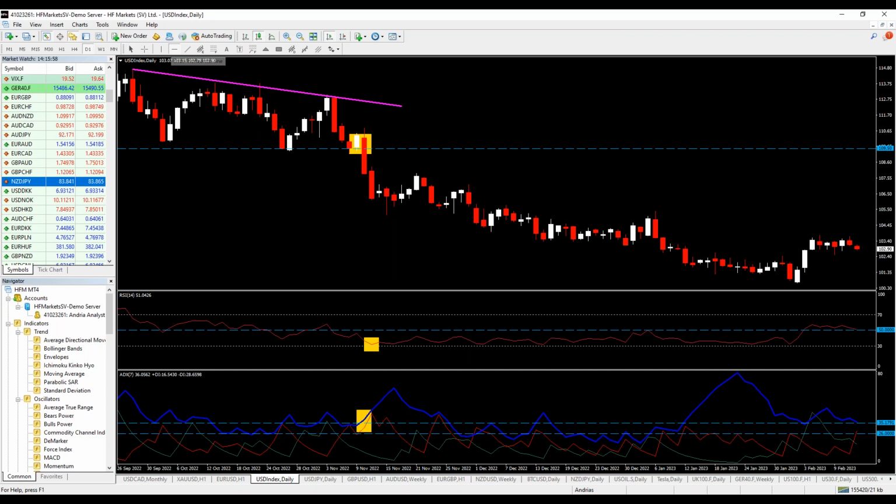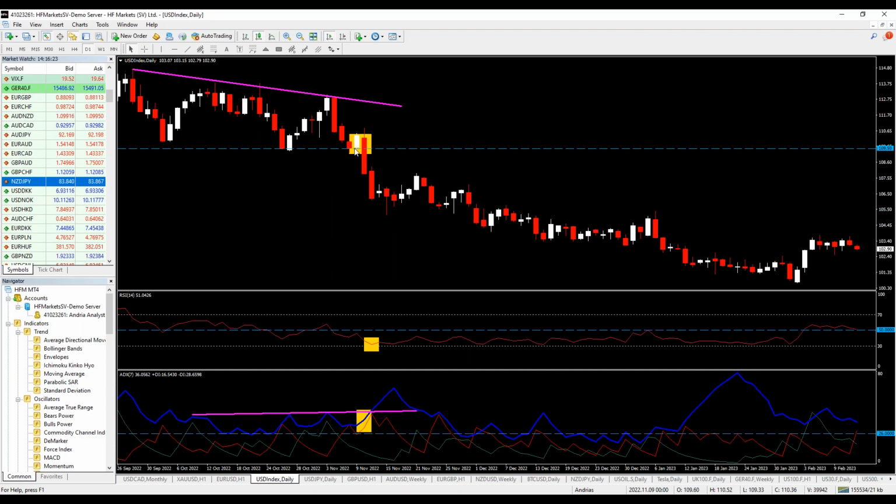And I told you earlier that you can use trend lines on your indicators as well. So look at that. I'm going to connect my latest peaks. Have you seen that? We have a breakout of these previous peaks.